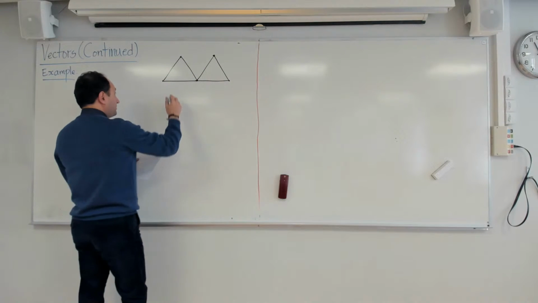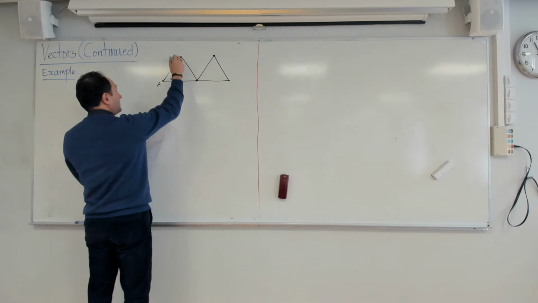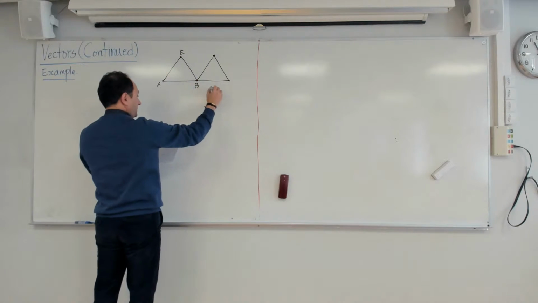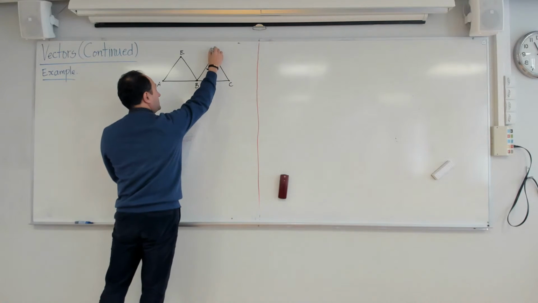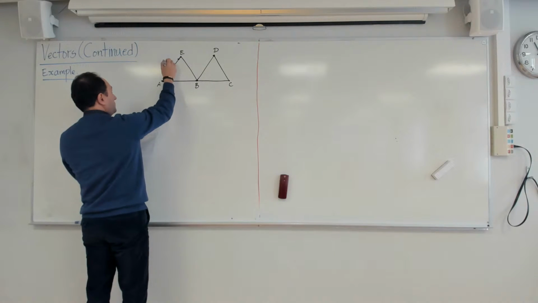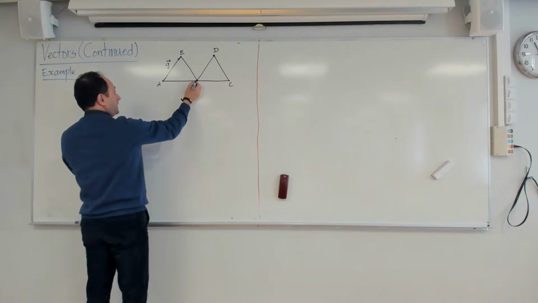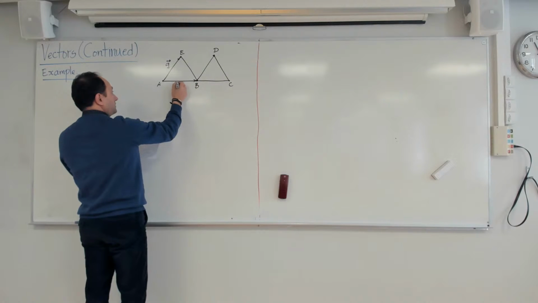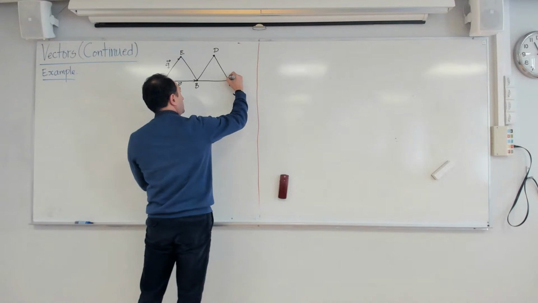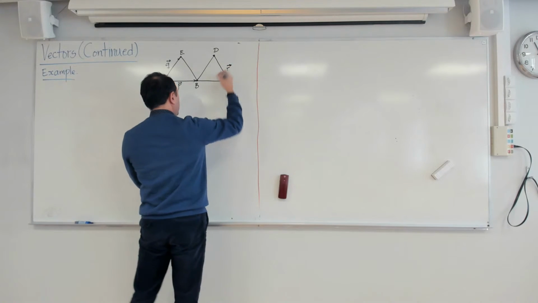So we have this point A, this point E, B, and C, and D. And then we have a vector here. We call it Q. We have another vector here. We call it small p, actually. And we have another vector here. We call it R. Just refreshing your memory.